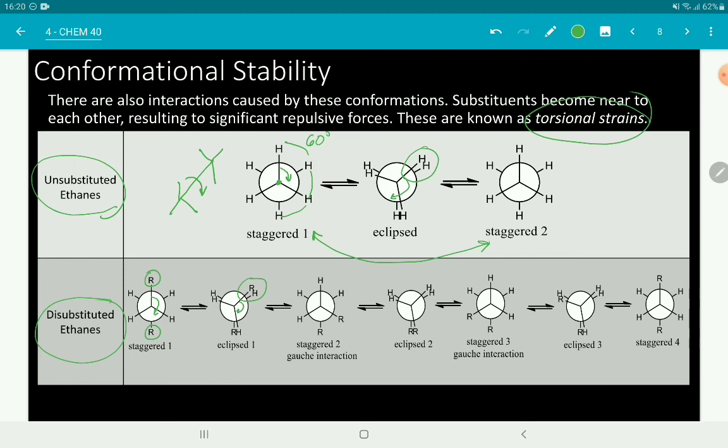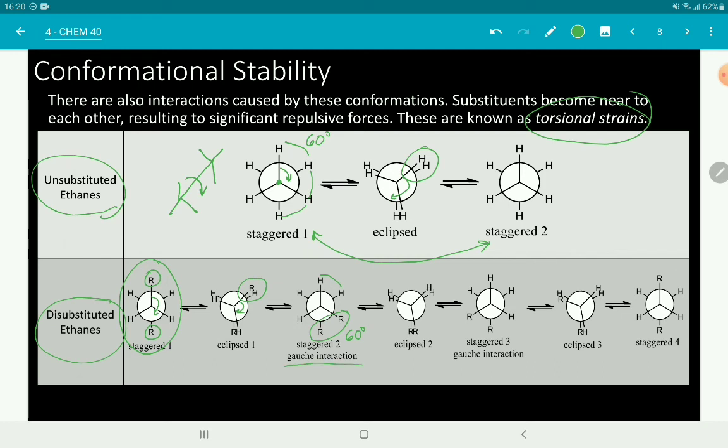Kapag inikot mo ulit to ng 60 degrees, makakita naman tayo ng ganitong conformation. This is staggered conformation. Maximum yung possible dihedral angle kasi staggered siya. Pero, 60 degrees lang yung angular distance between yung dalawang heavy substituents. Okay? So, compared dito, syempre, less stable yung staggered 2 because of the so-called gauche interaction.